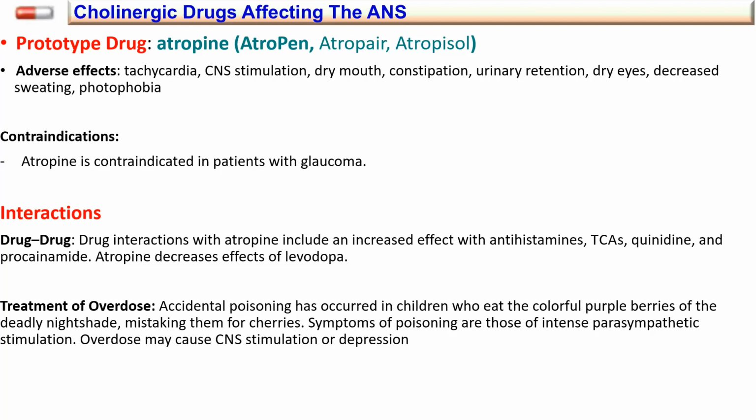Also muscarinic agonist poisoning, like organophosphorus poisoning. Atropine is a very effective medication to treat muscarinic agonist poisoning.